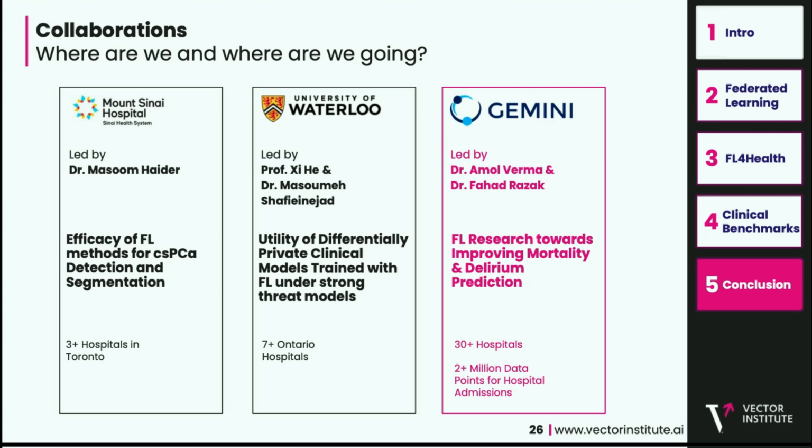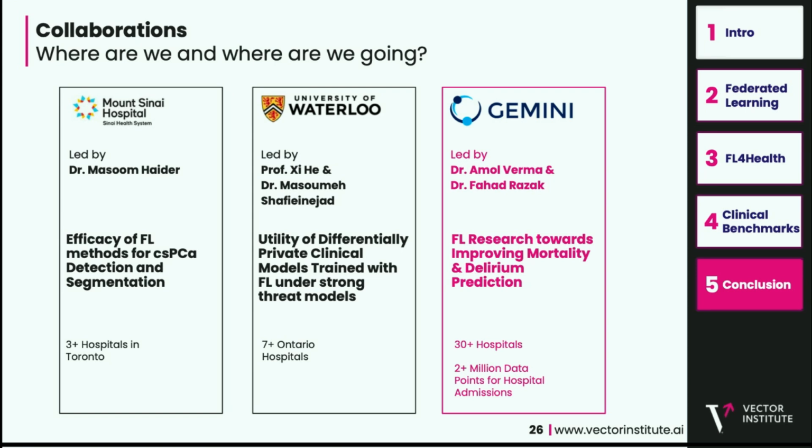I just want to quickly mention some of the collaborations that we've been working on. I mentioned working with the Gemini consortium and trying to see if federated learning could be used for prediction tasks like mortality prediction and delirium prediction. We have more research-focused endeavors where we're looking at developing new methods for differential privacy within the context of federated learning.